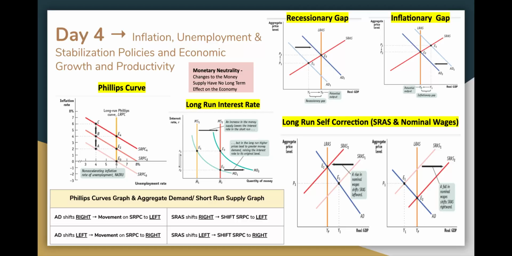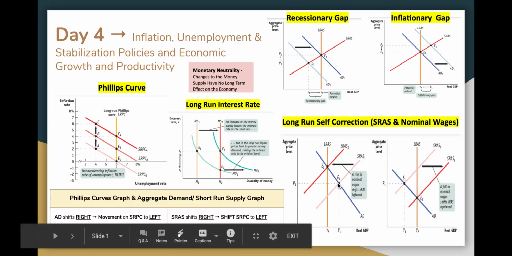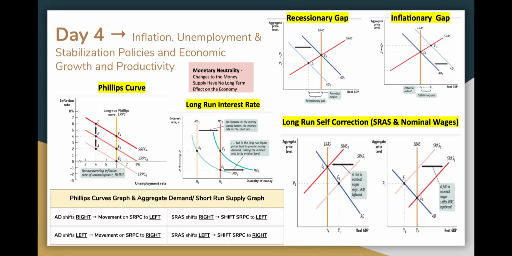And when wages go up, if you are a factory owner and wages have gone up, do you want to hire more workers or less workers? And the answer to that question is less workers. So what is going to happen is here we are at an inflationary gap. We do nothing.